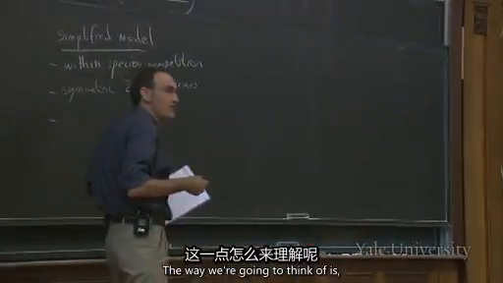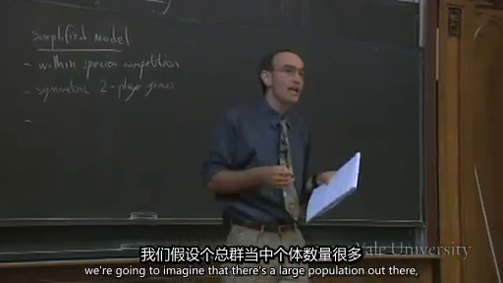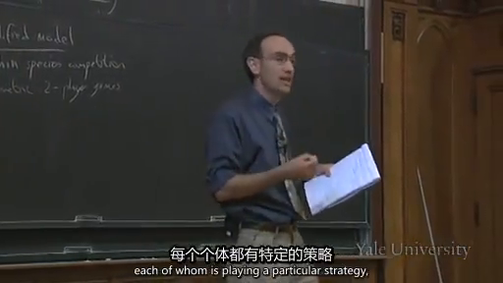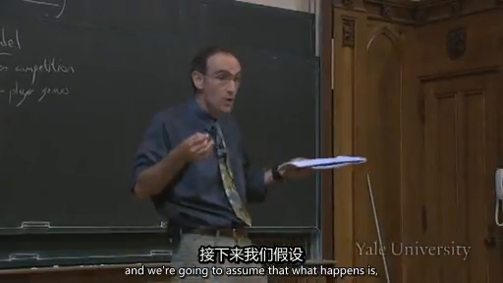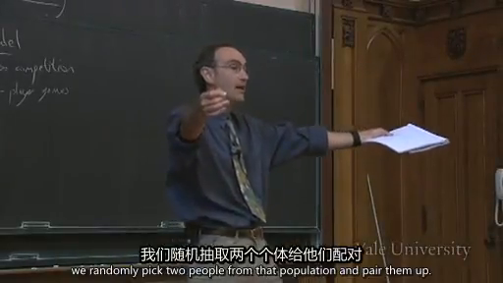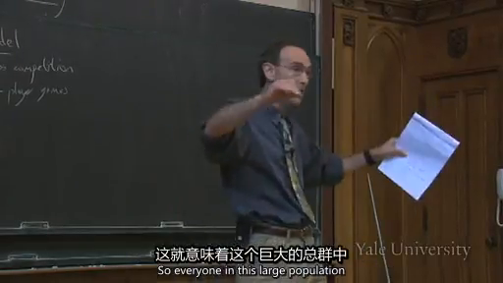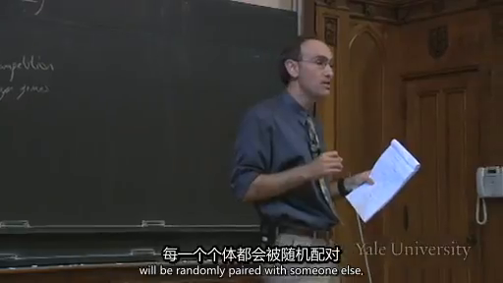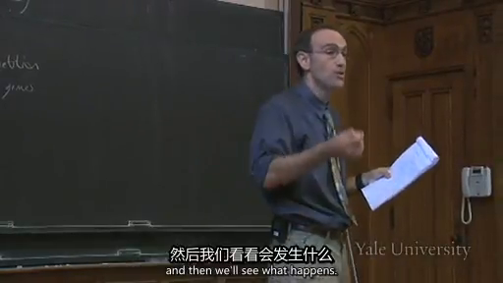The way we're going to think of this is we're going to imagine that there's a large population out there, each of whom is playing a particular strategy. And we're going to assume that we randomly pick two people from that population and pair them up. So everyone in this large population will be randomly paired with someone else. They'll play the strategy that they are hardwired to play, and then we'll see what happens.